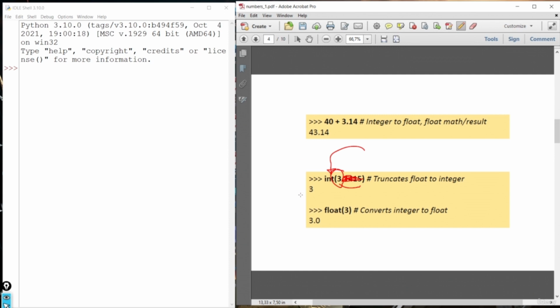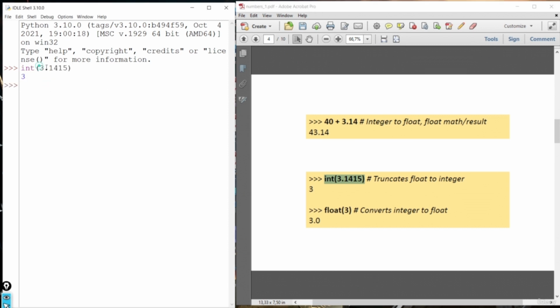We can do the reverse also. An integer can be converted to a floating point number. This is an integer. If we convert it to a floating point number, a dot and a 0 is added. So let's try this. Okay, let me first consider truncation.